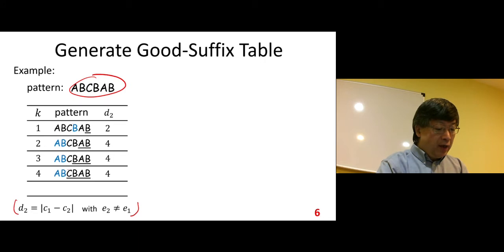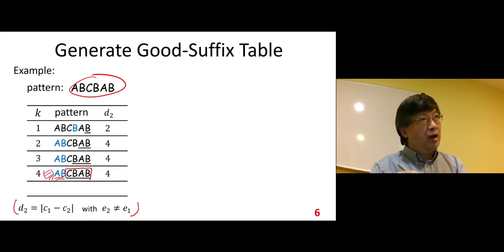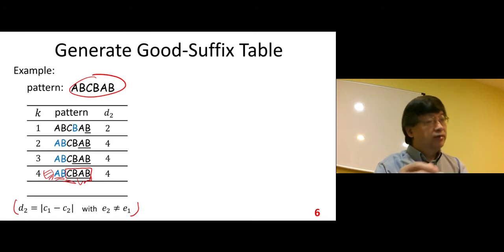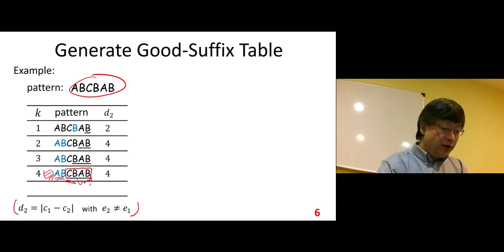Next, the 4-character suffix: only the first 2 matched, the remaining 2 not matched, but we just assume they are matched, because we won't lose anything. When AB is put here, the remaining part will get new comparisons, so we won't miss anything. So we can do that.